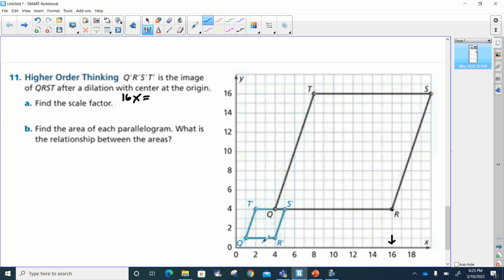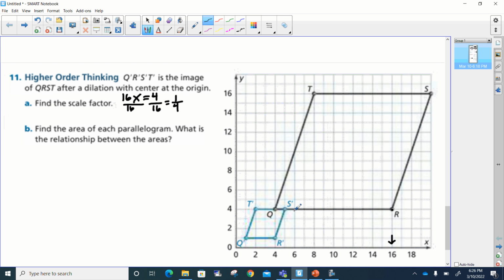Because x was 16 over here, r was 4. So in this case, I would take 16 and divide it away from 4. And this is going to give me 1/4, because I know I can divide 4 and 16 by 4 and get 1/4. All right, so that means my scale factor is 1/4.